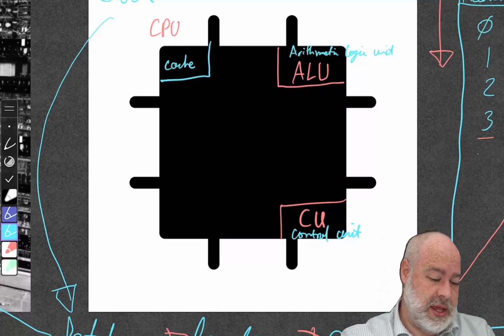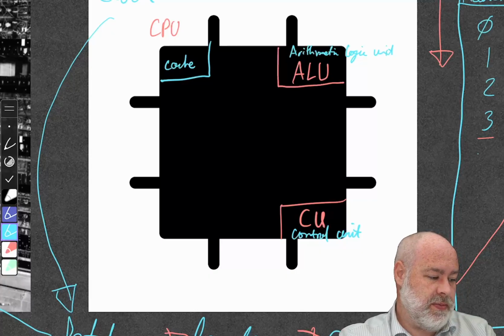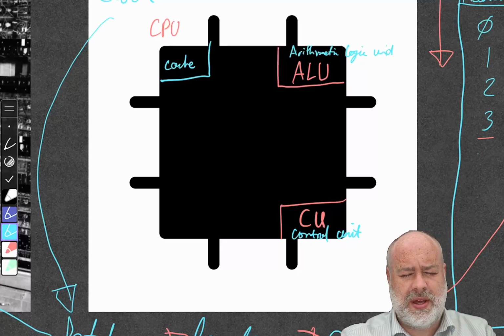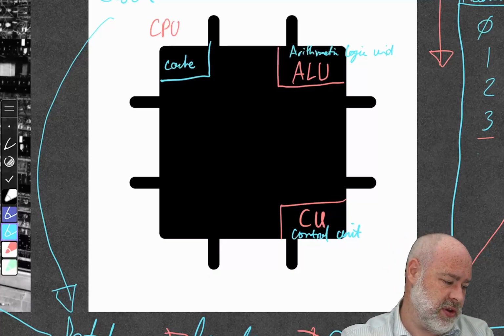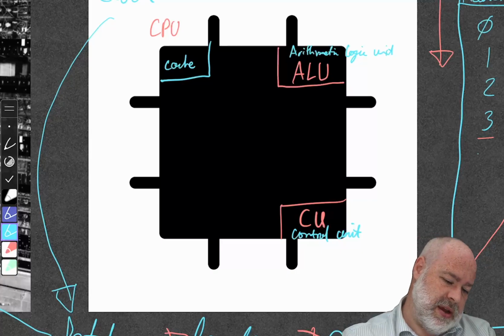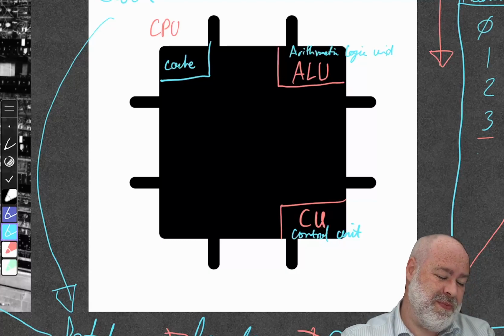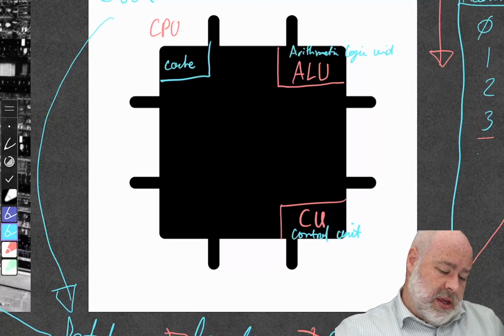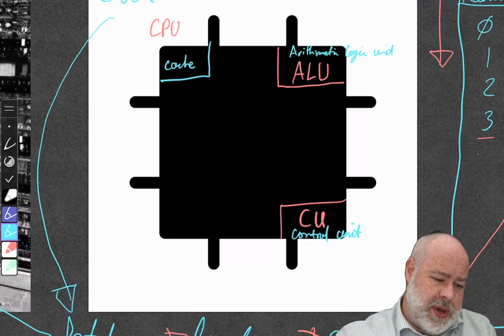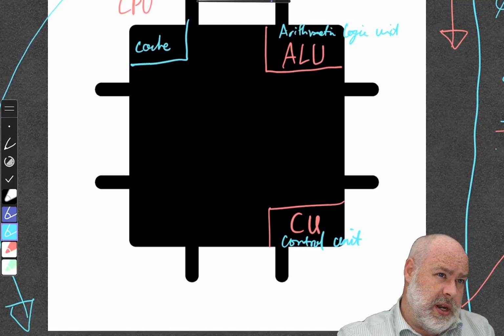It won't be in there, but the CPU does contain cache, which is essentially special types of memory that it can use for repeated tasks. It makes things more efficient. What you do need to know is that there are different registers that hold different things, and different what we call buses which move that information. So just pay attention to this next bit. I'll zoom in a little bit.